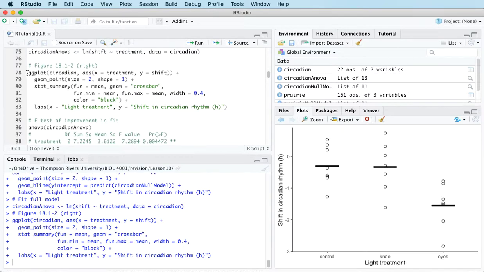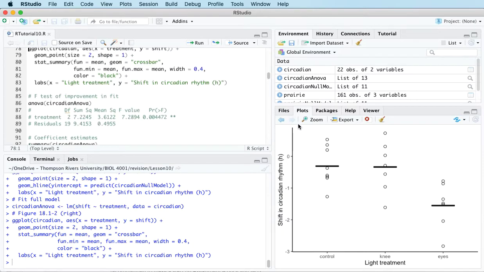So this is a representation of that model. When the light treatment is the control, this is my predicted shift in circadian rhythm. If the light treatment is knee, this is my predicted shift in circadian rhythm, and if the treatment is eyes, this is my prediction of the shift in circadian rhythm.